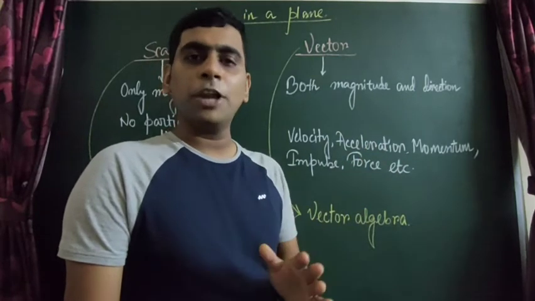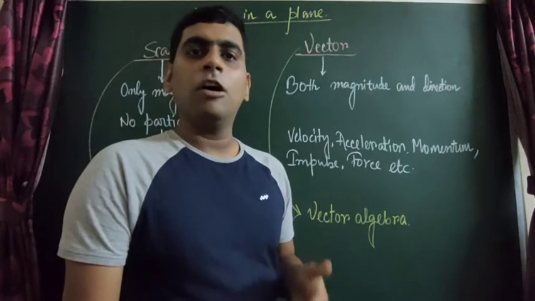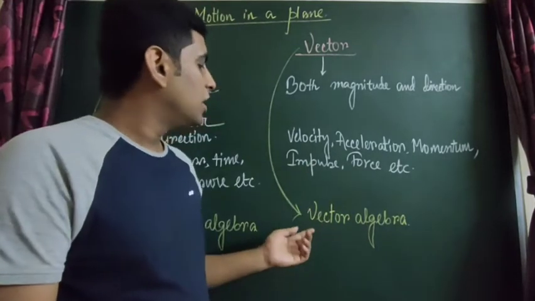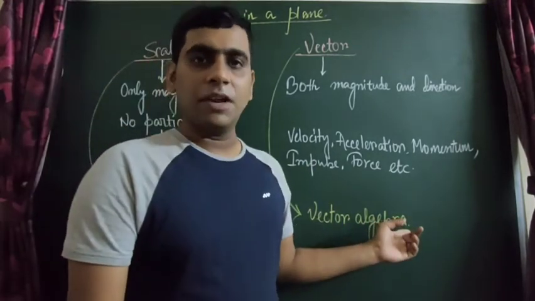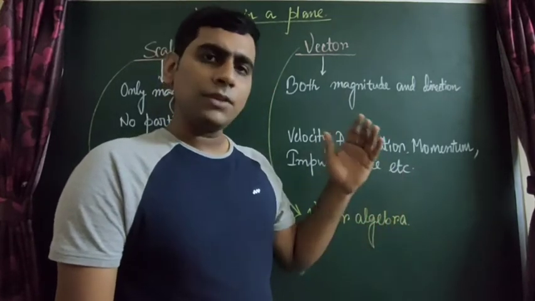That's why a separate algebra is there for adding, subtracting, multiplying or dividing vector quantities, which is known as vector algebra, where with the magnitude the directions are also being operated.